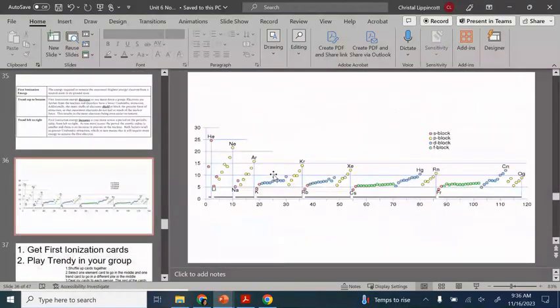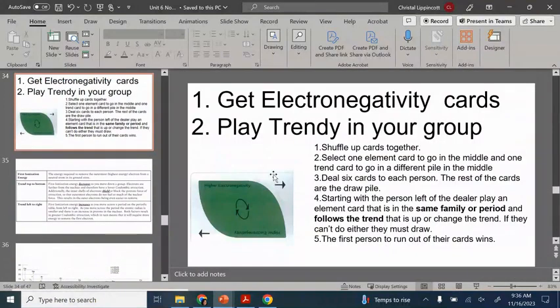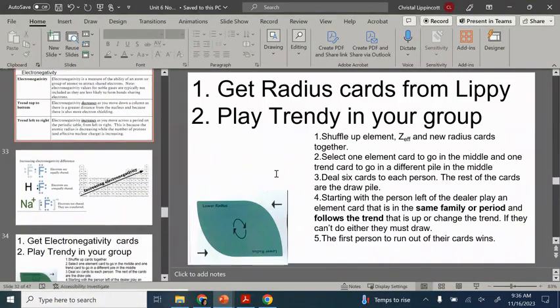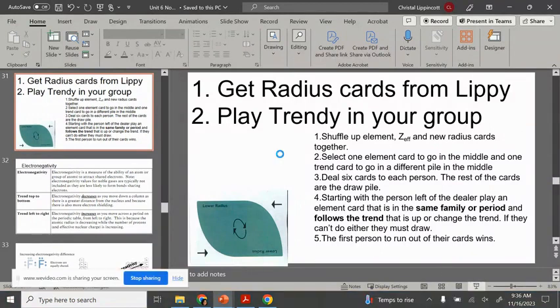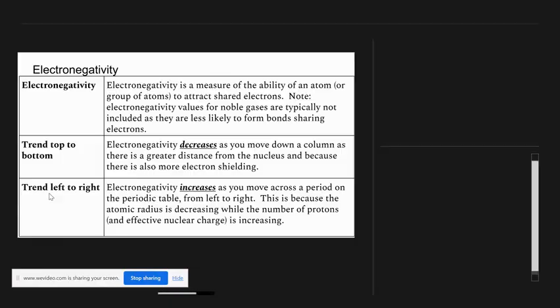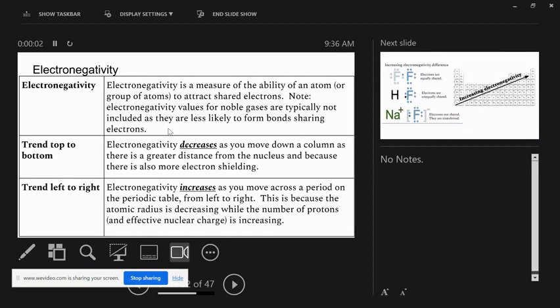So we did ionization energy is the next topic. We need to talk about electronegativity. I just want to talk about that real quick. Electronegativity is the measure of an atom's ability to attract electrons. So when we talk about the trend here, we're talking about how bad these things want electrons.